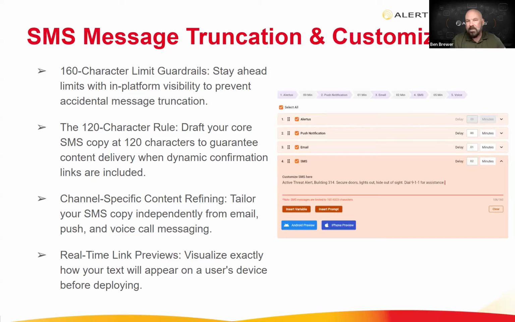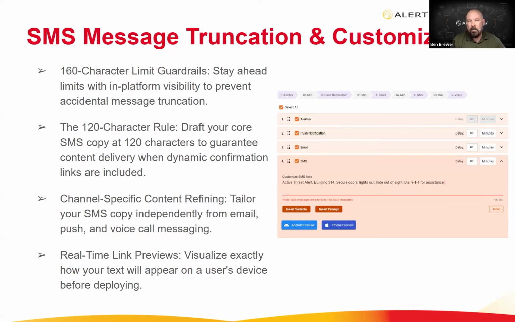You can then further customize based on those modalities where you might want the notification content to be a little more accurate, brief, and concise. SMS is one of those notification modalities where character limitations are beyond AlertAware's control.